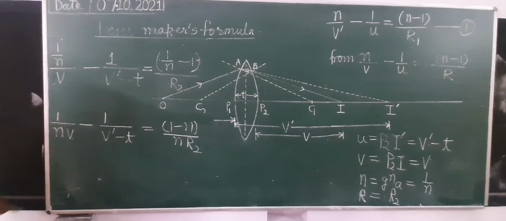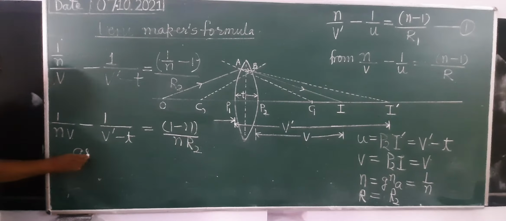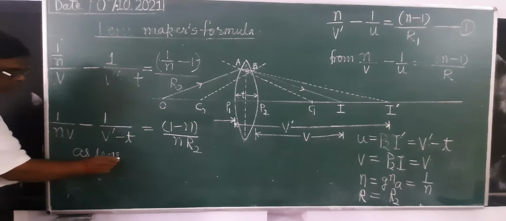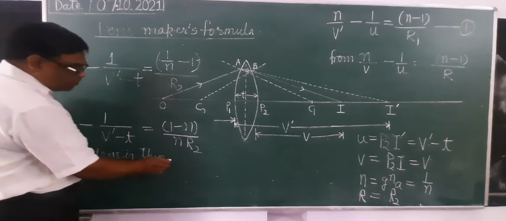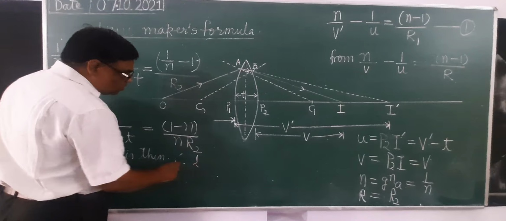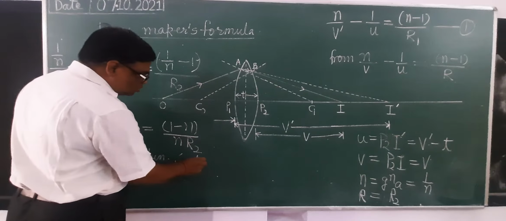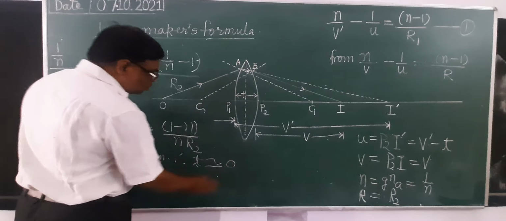Now as the lens is thin, therefore t can be neglected. Therefore t equals to 0.